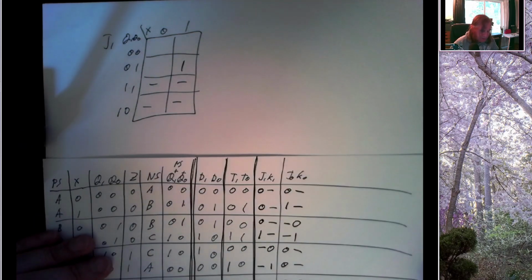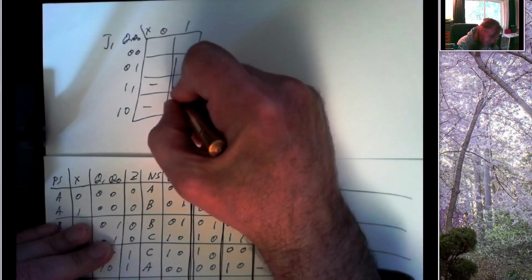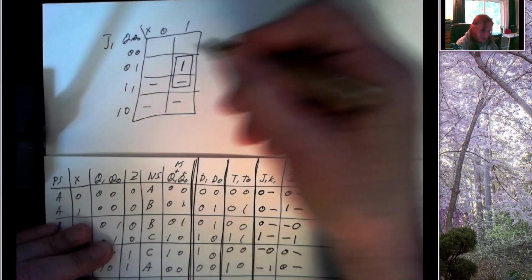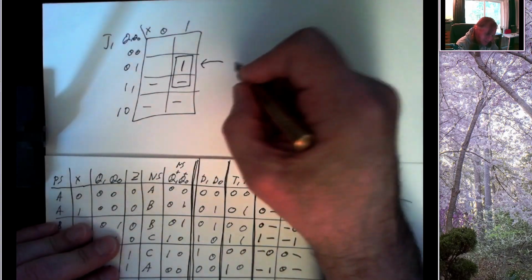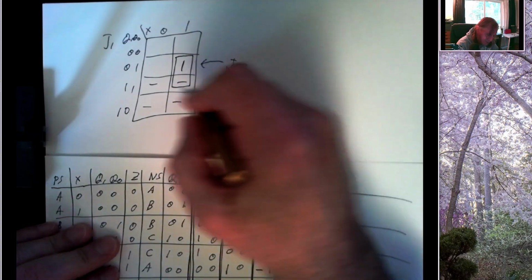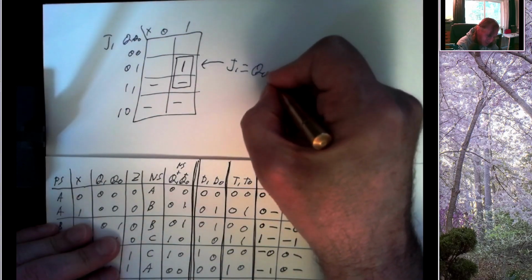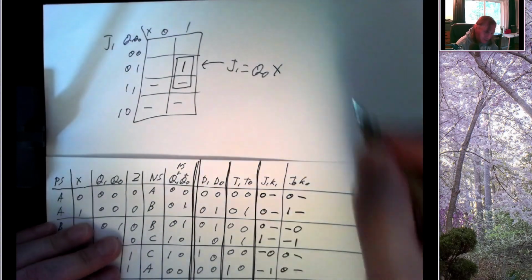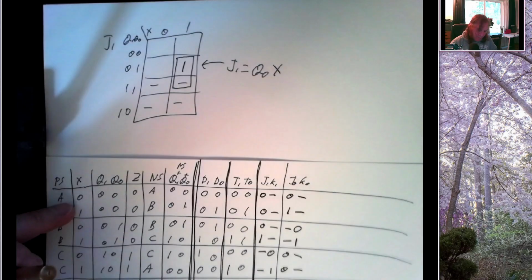All right, well, if we try to cover this with rectangles, we can get a nice 2x1 covering right here. That covers the 1. We're not going to worry about the other dashes. And the equation for this is J1 equals, Q1 doesn't matter, Q0 has to be a 1, and X has to be a 1. So J1 just comes from an AND gate, right?